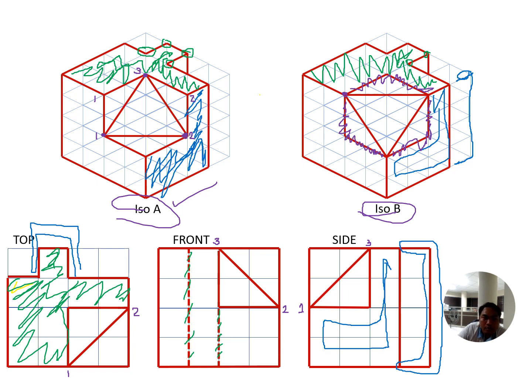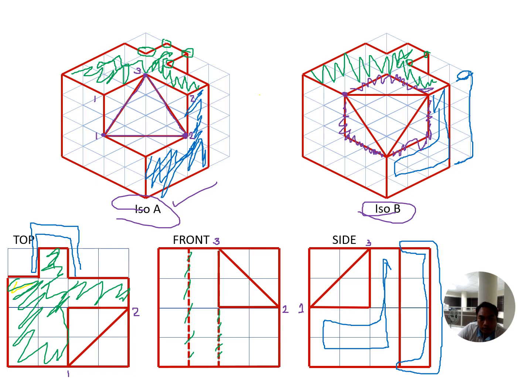So we just connect those lines, 1 to 3, 1 to 2, and then 2 to 3. Okay, so that's the reason why our triangle for the average round is very confusing. As mentioned kanina, mas madali pa yung average kesa sa easy if you are to ignore the confusing part, which is the triangle.